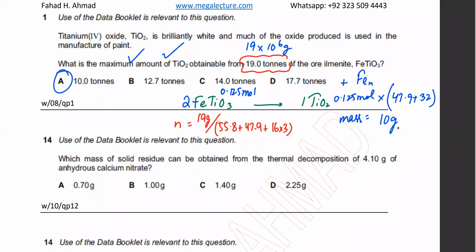It must have some Fe's, I don't know how many, and some oxygen with it. So I just looked at Ti because the Ti was extracted. There was Ti in this, and the TiO2 was extracted, right? He's saying what is the maximum amount of TiO2 obtainable from FeTiO3, so I was trying to extract that. If there's 2 Ti's over here, there should be 2 Ti's over here as well.